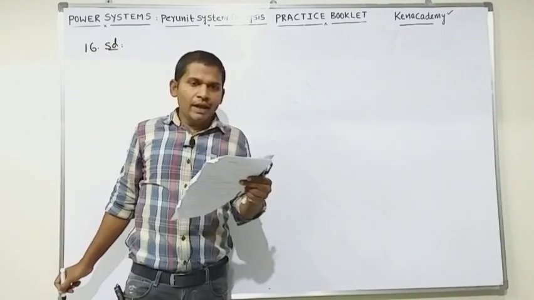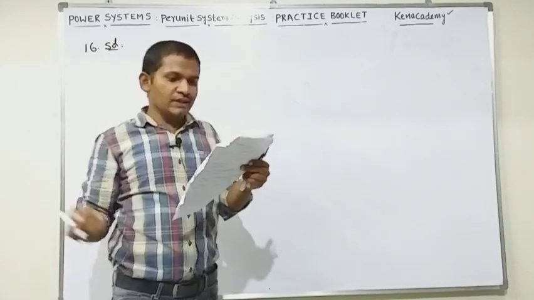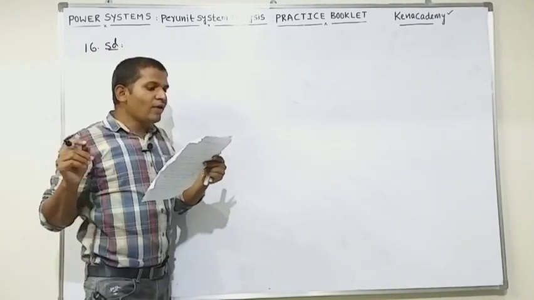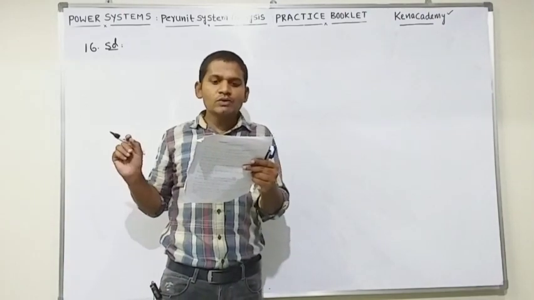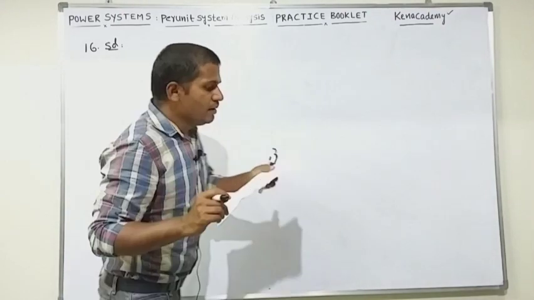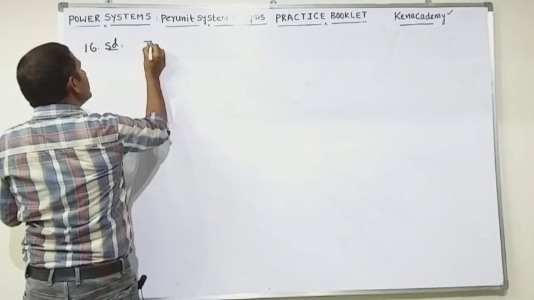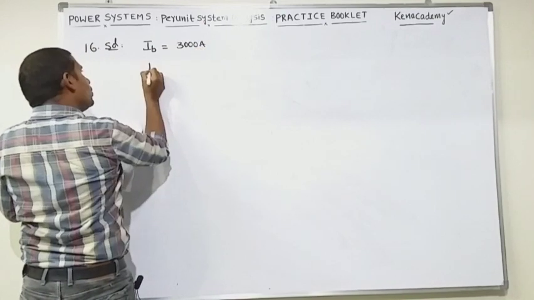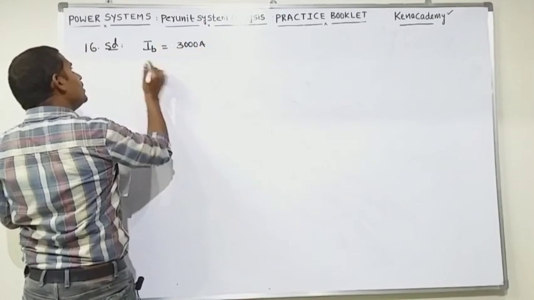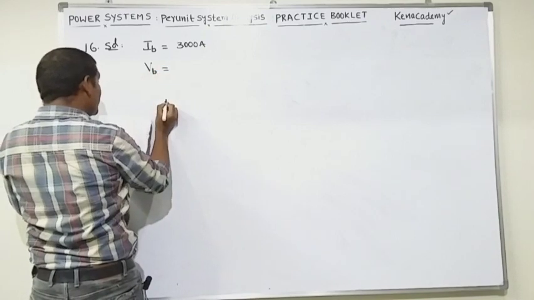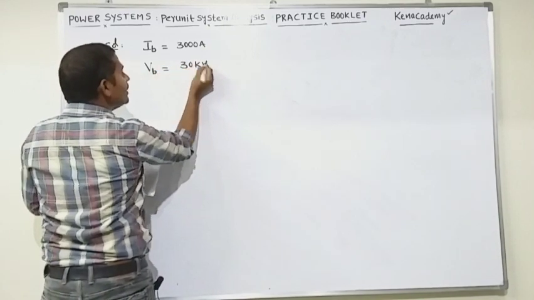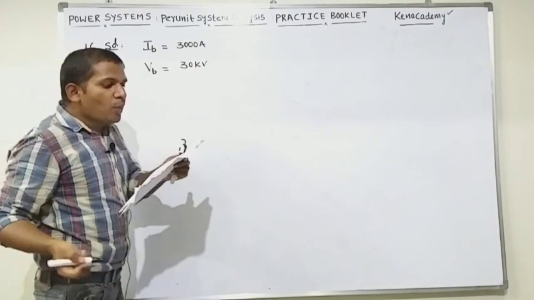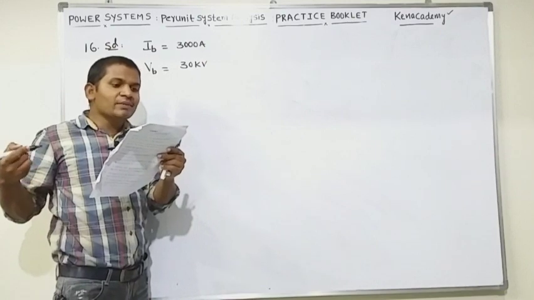This is also asked in AP Transco 2017. If the base current and base voltage of a 345 kV system are 3000 ampere and 30 kV respectively, what are the per unit voltage and base impedance of the system respectively?